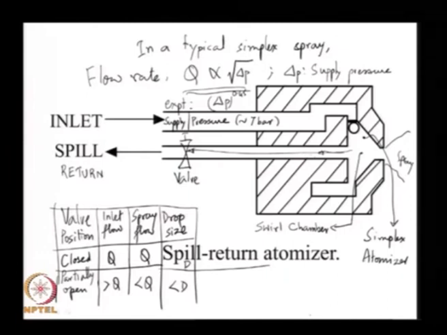So, you introduce the flow with some angular momentum, but what is coming out through the spill line is only in some sense linear momentum flux. So, all of the angular momentum flux that came in with the higher flow rate is now entirely with the spray alone, that causes a lower film thickness and smaller drops. It is a very nice design to actually get many different design objectives achieved.